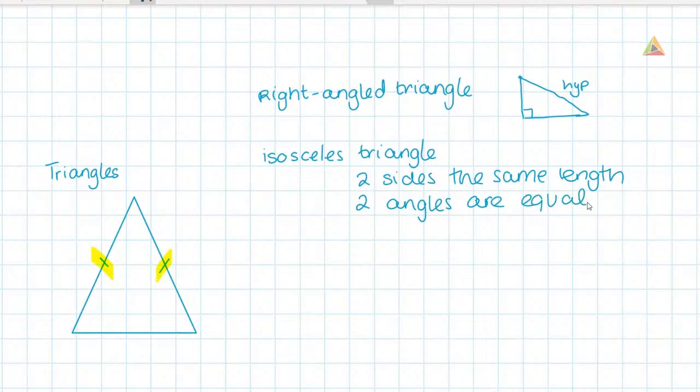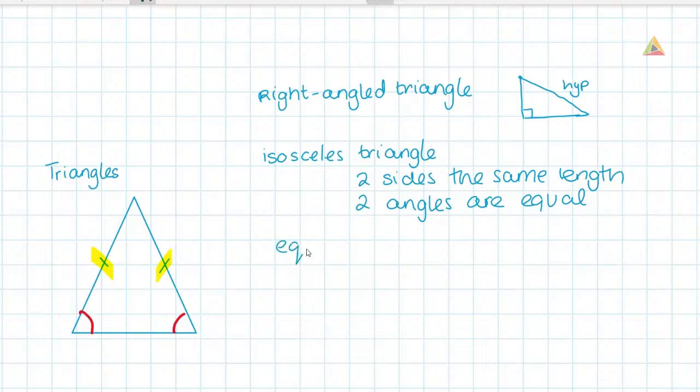So in the isosceles triangle that I have drawn, the angles that are of equal measure are down here at the base. You just have to be careful to see where they are. So when we have our two equal sides, they'll always be at the bottom of those two sides. So not the one where the two equal sides meet, the other two angles will be equal in measure.